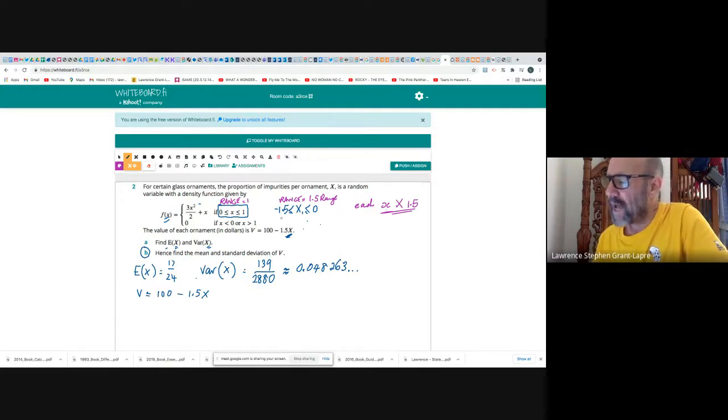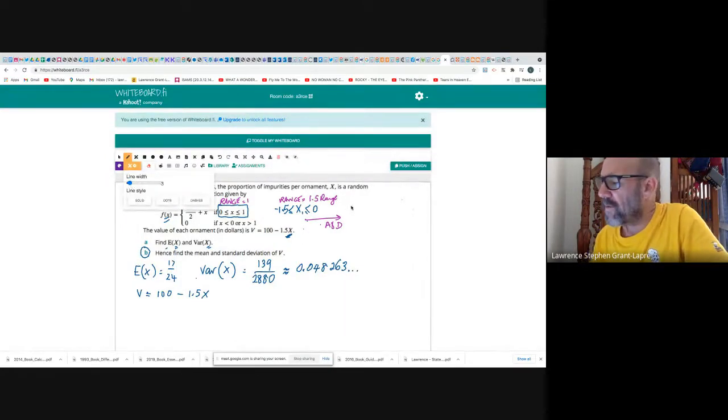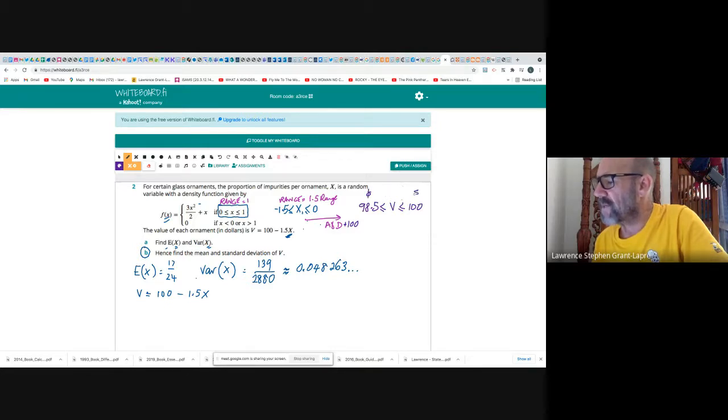Keep that in mind, because that will adjust our x squareds, that will adjust our variance. Now then, when we add 100, we move that entire group of numbers up here. Plus 100 to everything, it'll be 98.5 to 100. So the value in dollars will range from $98.50 to $100.